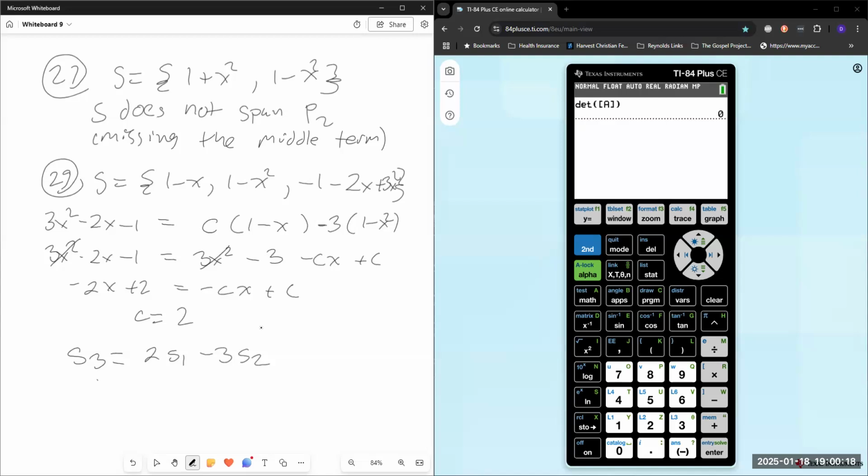So that's 2S1 minus 3S2 minus S3 equals 0. There's a linear combination, not all zeros, that equals 0, so they are linearly dependent. And that means that S does not span P2.